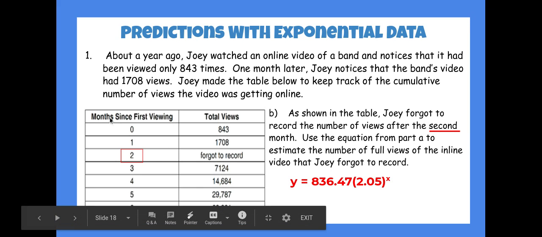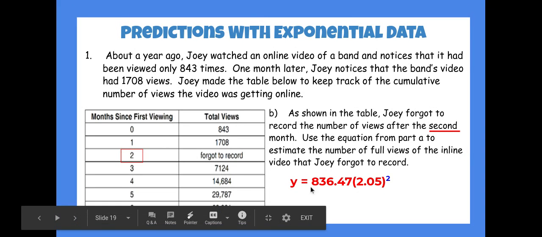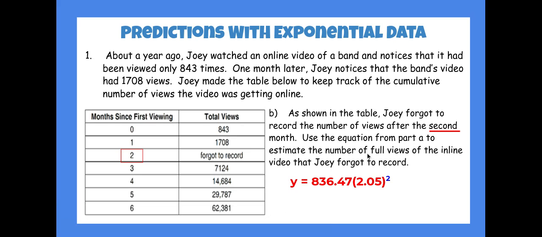Since months is this column, it represents our x, so we're going to plug a 2, which represents the second month, in for x, just like you see there in blue. Once you replace that x with 2, pause it if you didn't do so, and type this expression into your calculator. You should get 3515.265175.